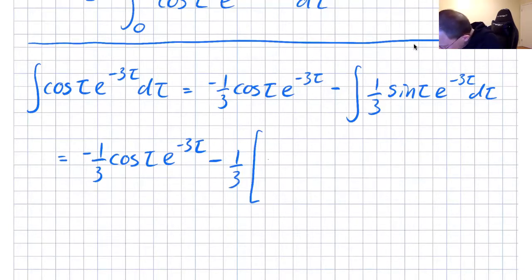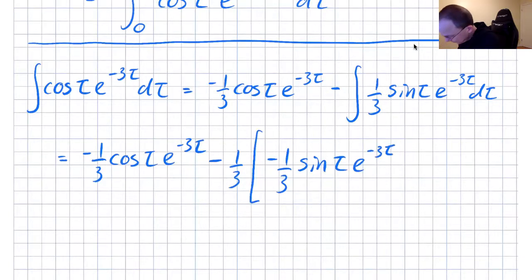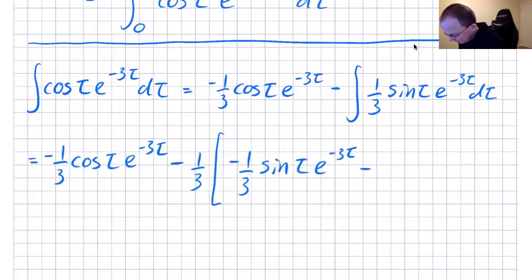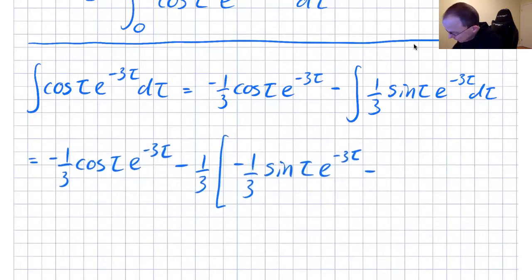Okay, so like before, we put minus 1/3 sine tau e to the negative 3 tau, and then minus integral negative 1/3.